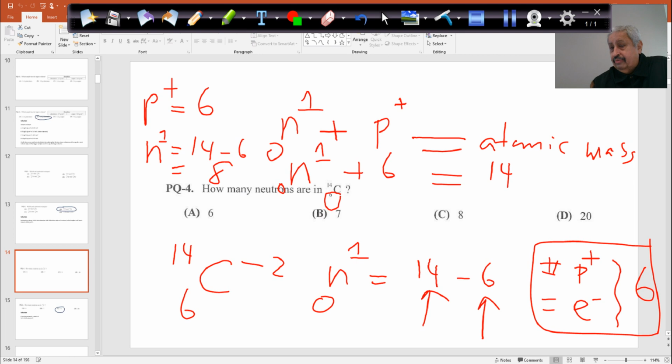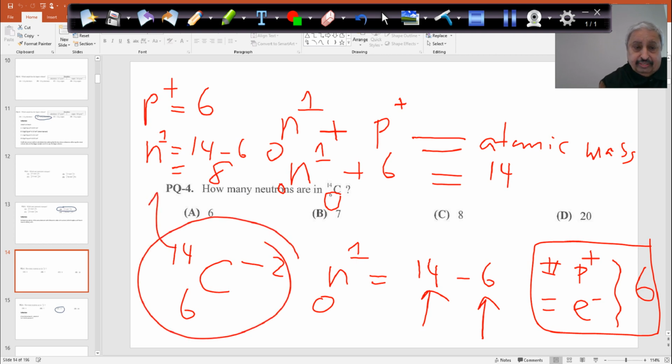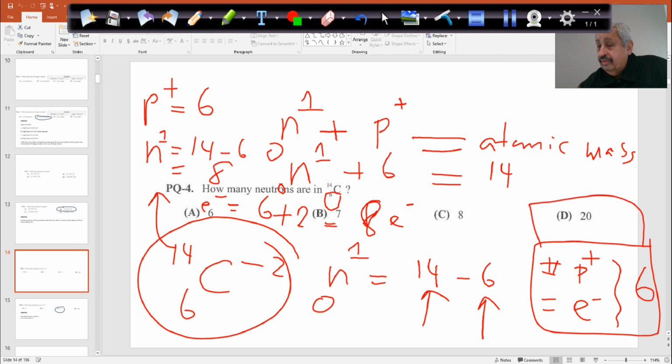But here, the number of electrons is 6 to begin with. You have a negative charge, so you are gaining 2 more. So here it has 8 electrons. You have 6 protons, and the neutrons will be 8, to make 6 plus 8, 14.